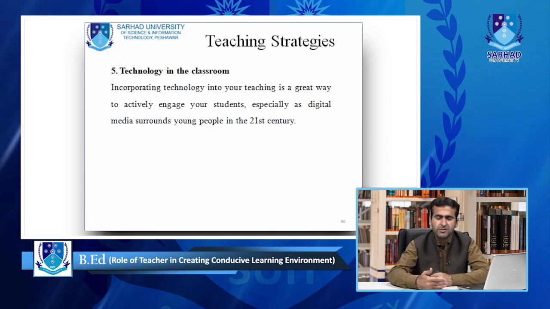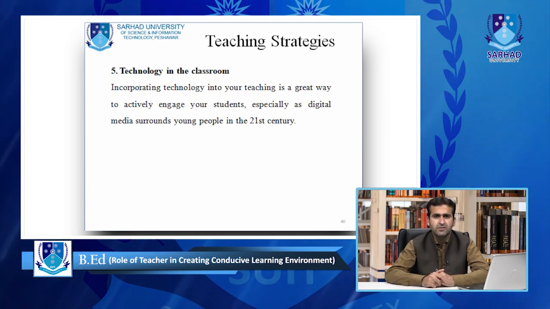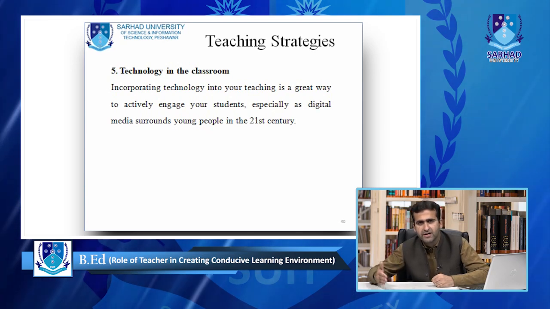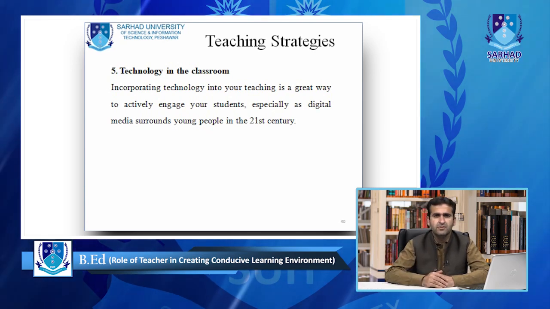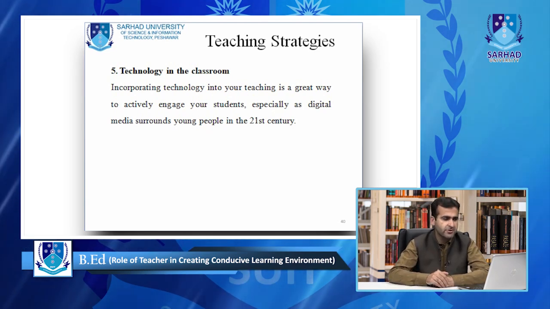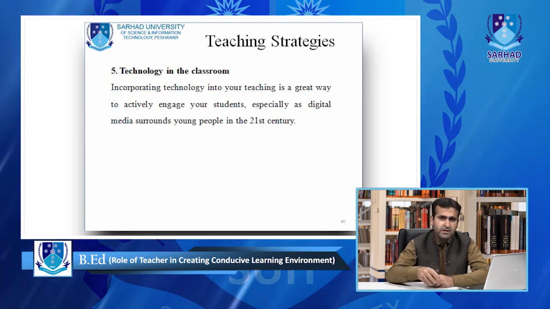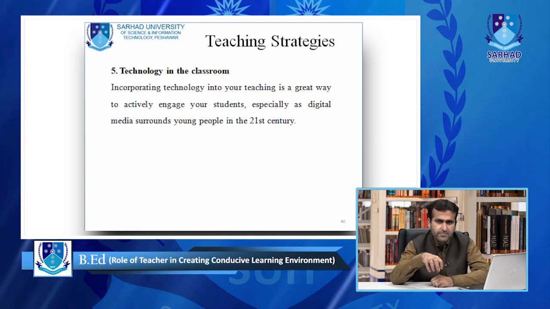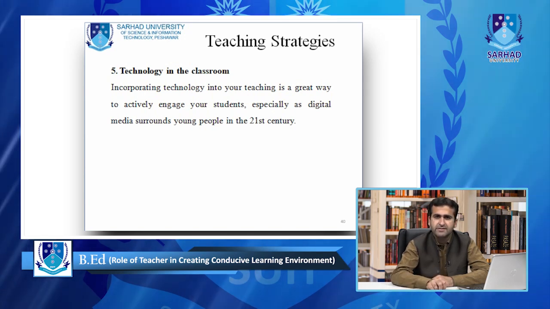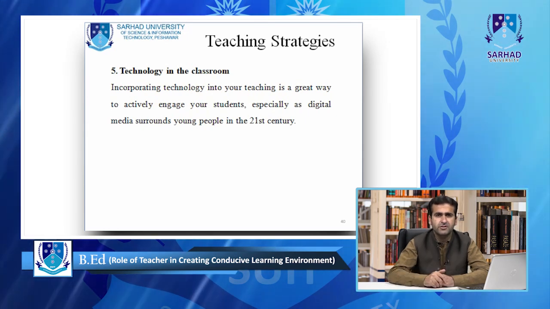It gives the student a chance to learn something more digitally, in a more advanced pattern, or according to some new research. That's why the use of technology plays a very important role, and it is one of the prestigious teaching methodologies if a teacher is using technology.